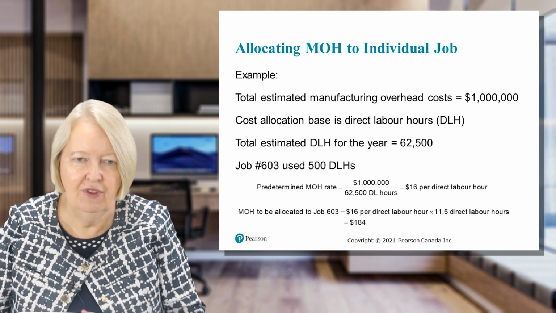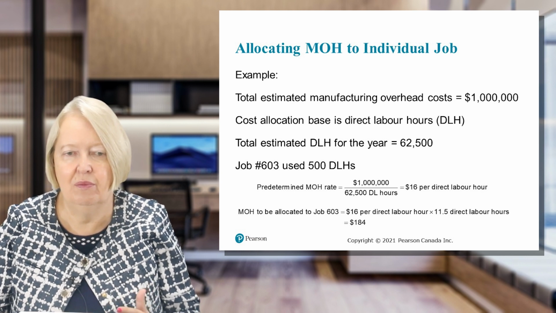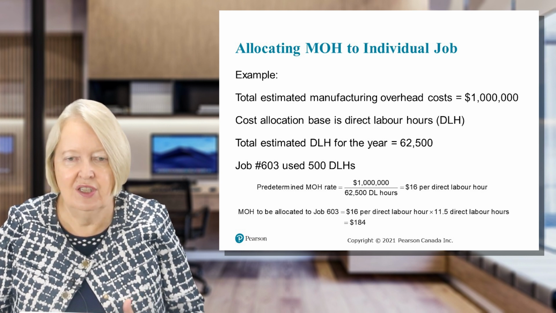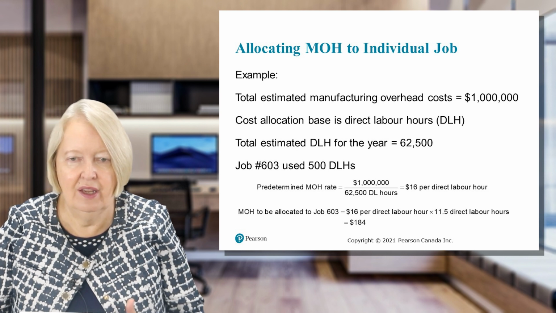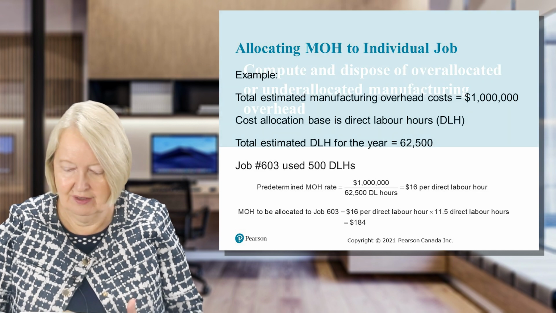So when you're trying to figure out how much overhead to assign to a job, say job number 306, you're going to take your $16 overhead rate and multiply that by the number of direct labor hours. And so in this case, it's $184 you're assigning for overhead.